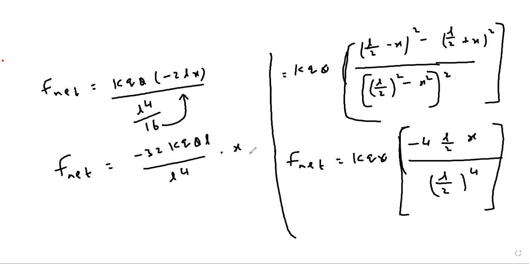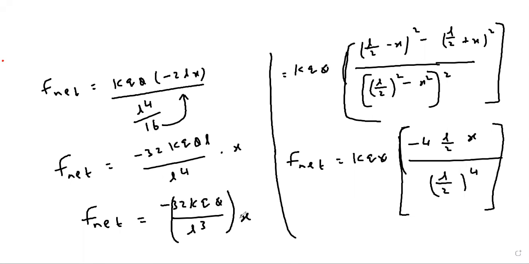Okay, I have written X separately. Now this F net you can write as minus 32 KQ capital Q by L cube into X. Okay, now what is the SHM concept?